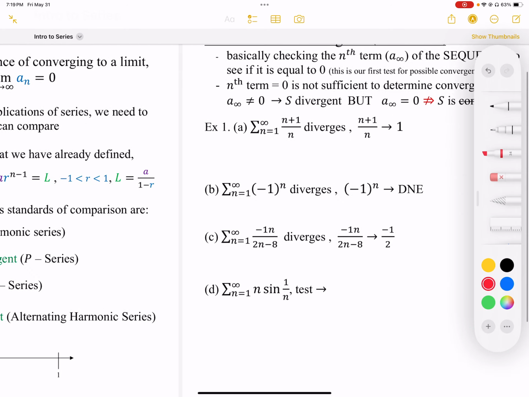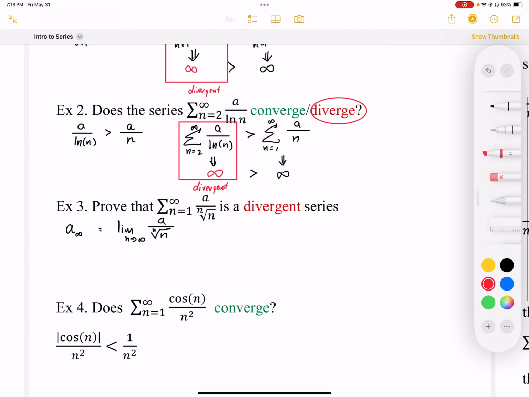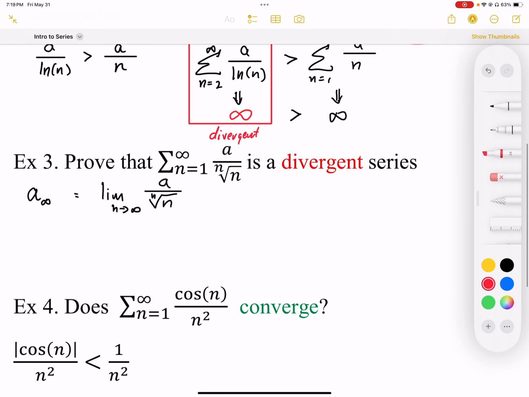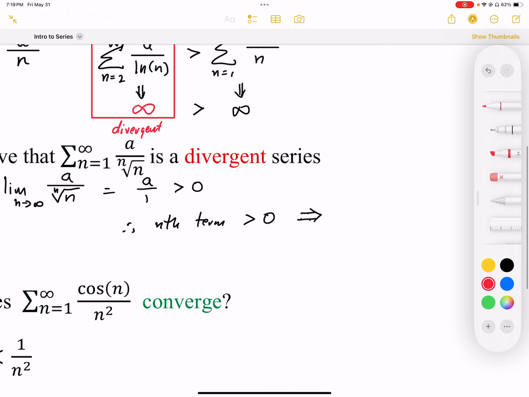That means that when we go to here, we know that that limit is going to equal 1 over 1. That is greater than 0. Therefore, by the nth term test, the limit is greater than 0, therefore divergent. This must be a divergent series.